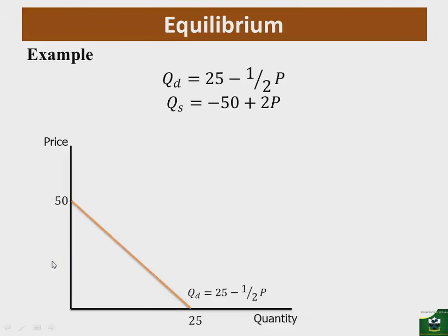In the same way, if I want to plot my supply curve given the supply function, I will have to find my vertical intercept as well as the horizontal intercept, because this equation is linear. Therefore, joining the two points will give me the supply curve.